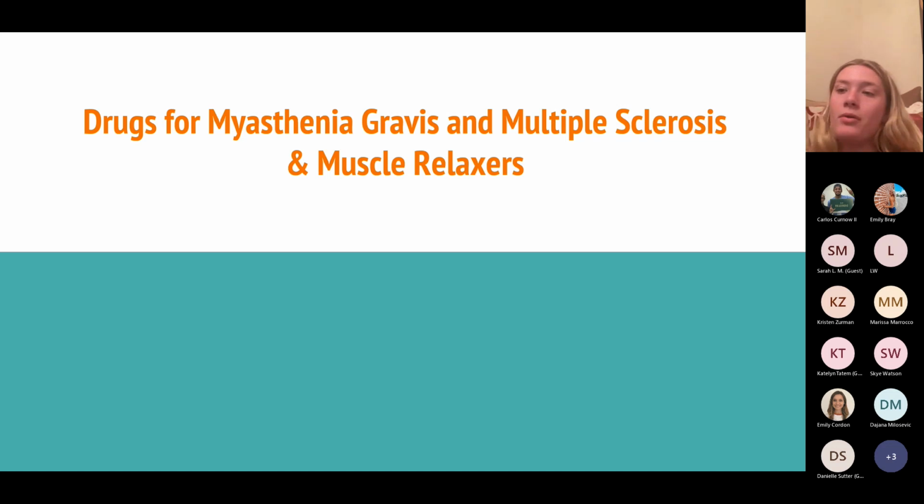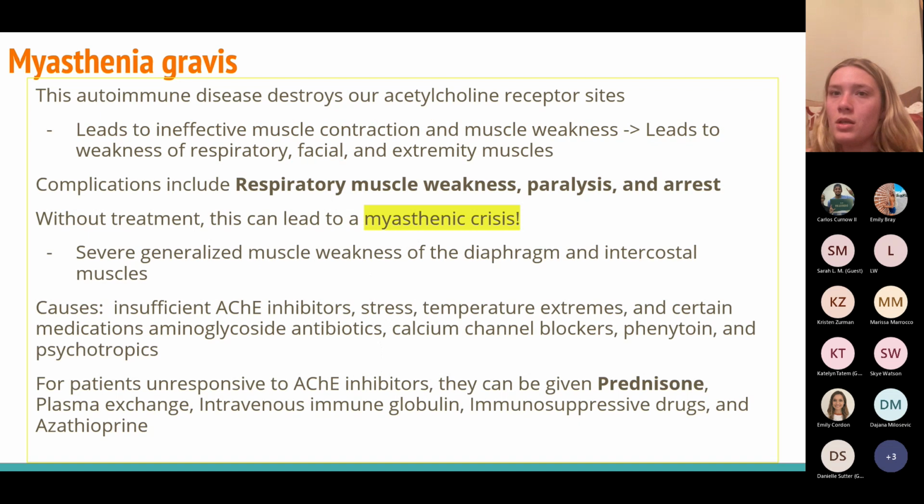So now we're going to talk about more of our muscle relaxers. Myasthenia gravis is an autoimmune disease that destroys acetylcholine. This can impact muscle contraction and causes muscle weakness. What's our main ABC concern? Respiratory.